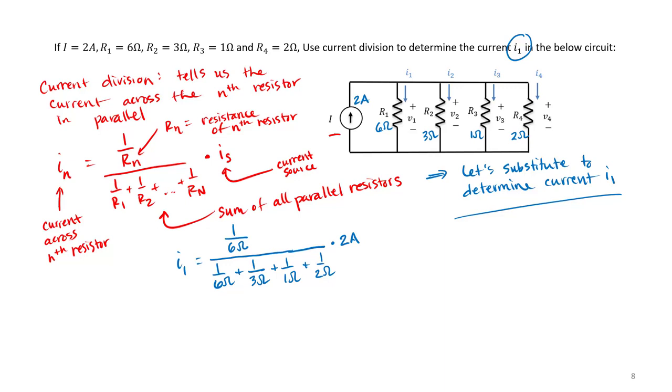So this might look a little bit ugly at first, right? Like there's a bunch of fractions in here. What I recommend we do is multiply both the numerator and denominator by 6, because basically we're multiplying by 1, right? 6 divided by 6 is 1, so notice what we can do here.